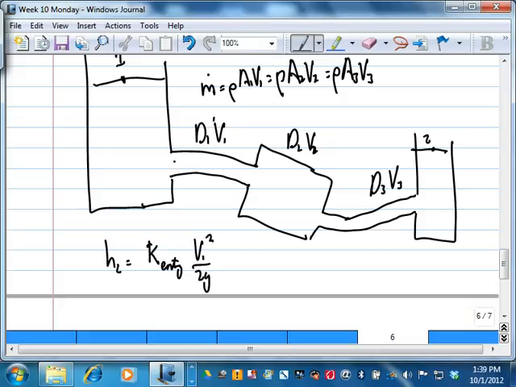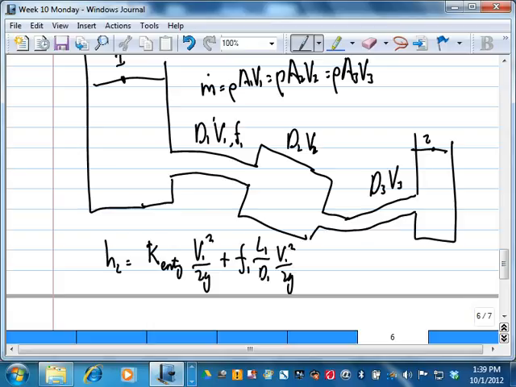Entry losses here, plus f1, the friction factor in here, L1 over D1, V1 squared over 2g. So far, you agree with this one? This is the minor losses when the flow enters the tank, and this is the major losses for the first segment.